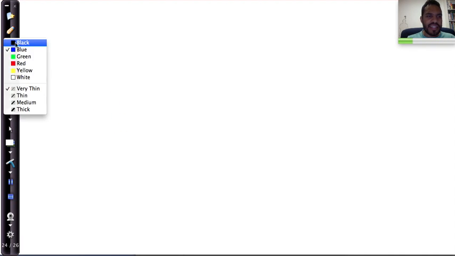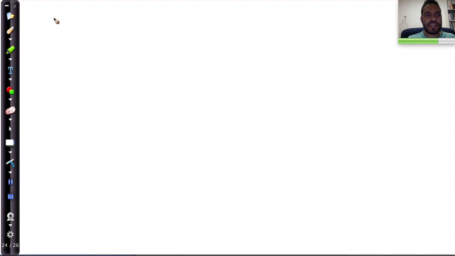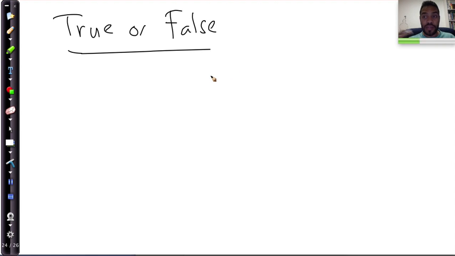Now we want to do a quick exercise, and I'm going to ask you to identify whether these things are true or false in the exponent law. So I'm going to give you a question in each one. I'm going to give you the right-hand side and also the left-hand side. And I want you to do two or three things for me. One, tell me whether it's true or false.